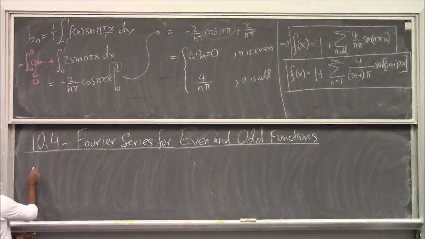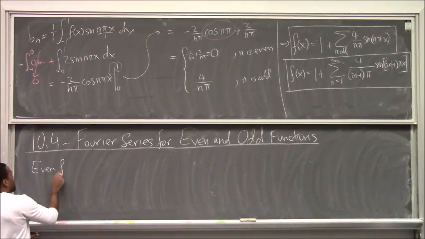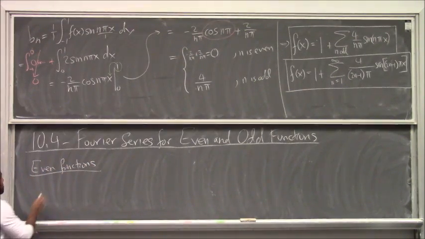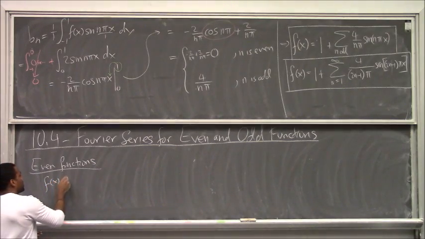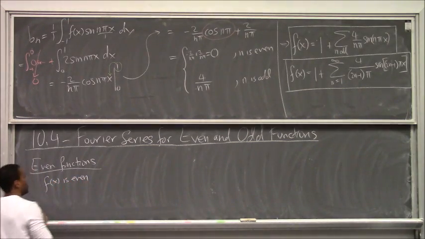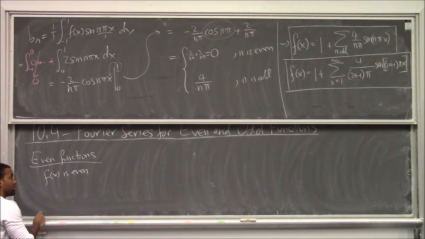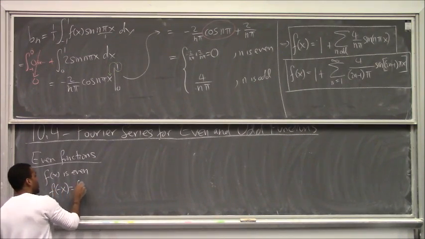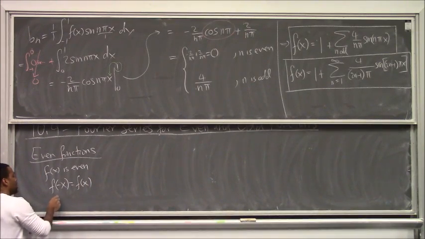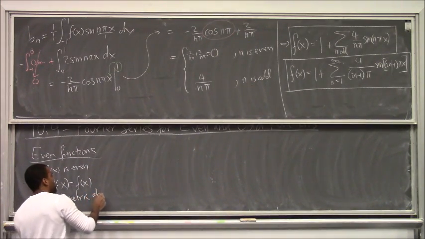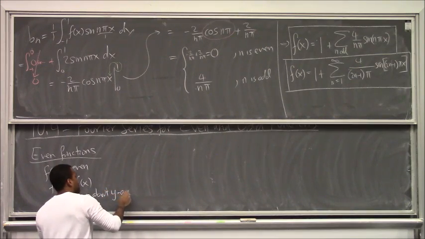So, what do you remember about even functions? F of x is even means what? Something with the axes. They reflect over the y-axis. It is symmetric about the y-axis. Computationally, this means f of minus x is equal to f of x. And this means symmetric about the y-axis.